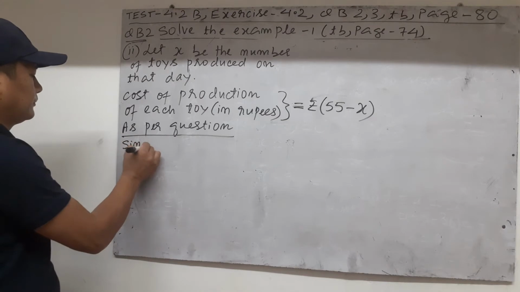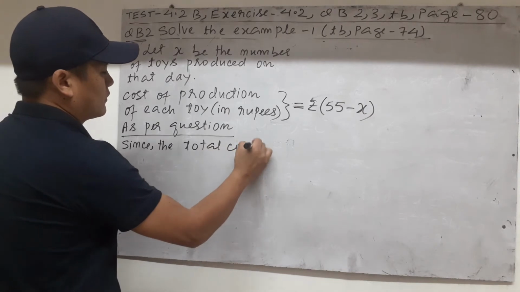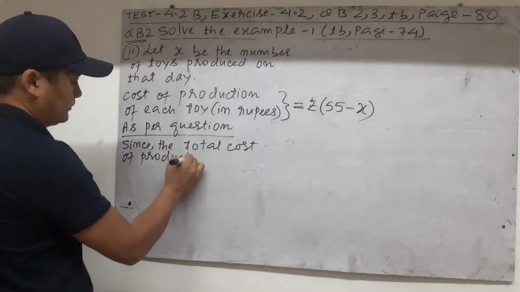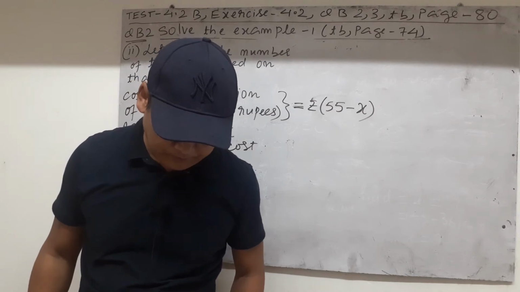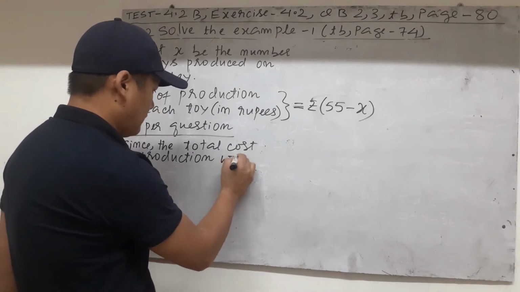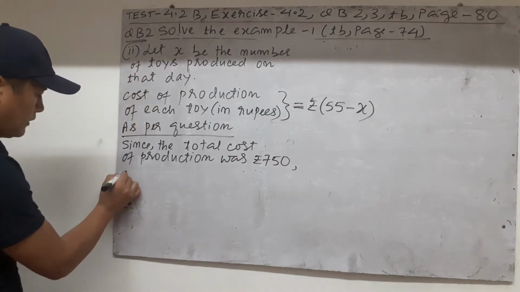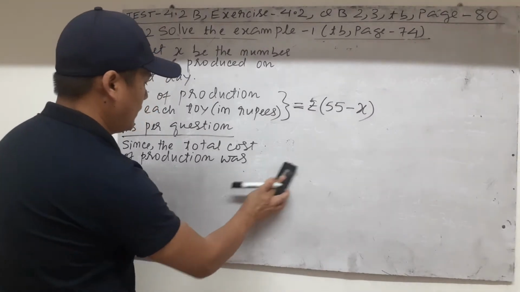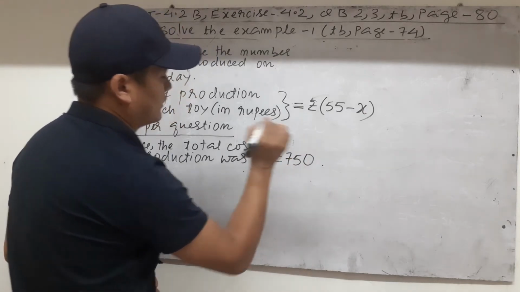Since the total cost, look into your text and write this, total cost of production was rupees 750. This is what the question is saying. Therefore, you can just write total cost of production on that day was equal to rupees 750.